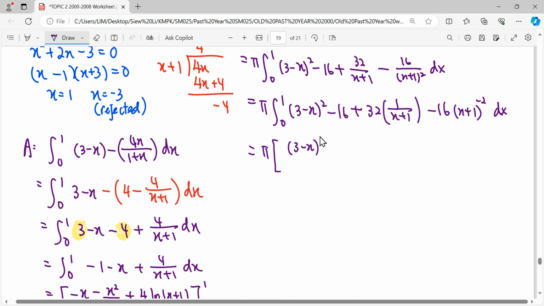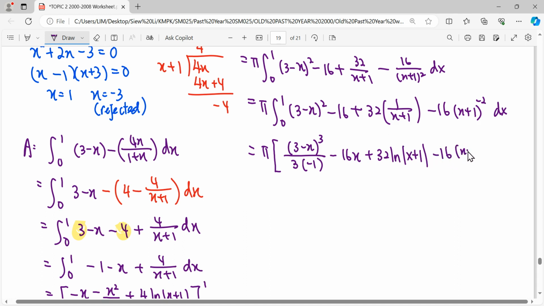Power plus 1 over the new power, and the coefficient of x is negative 1. Integrate 16, a constant, and we get linear. Then for this 32, integrating 1 over linear gives ln, over 1, so it remains the same.